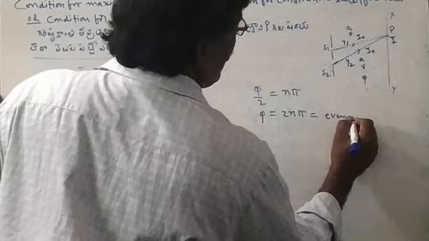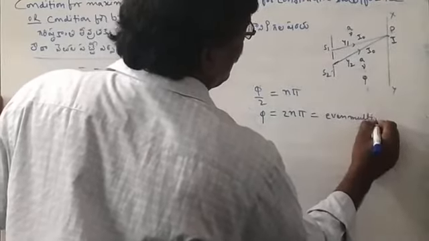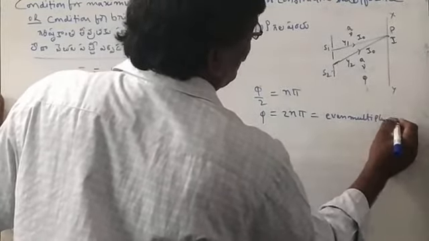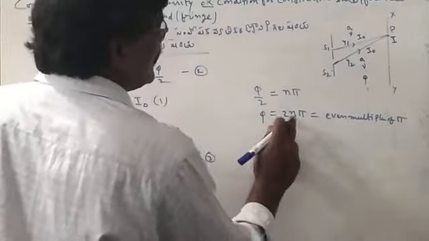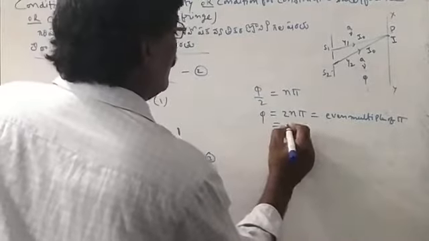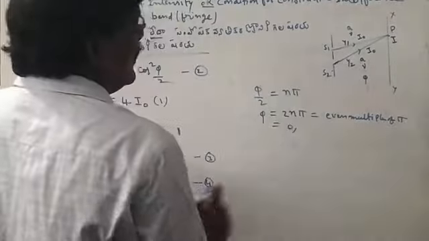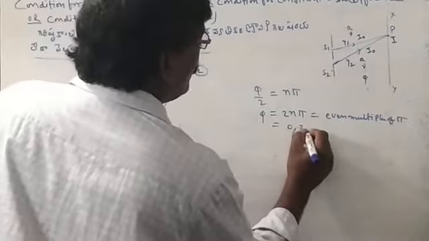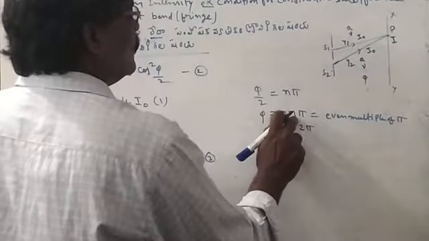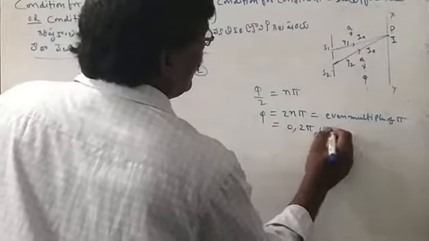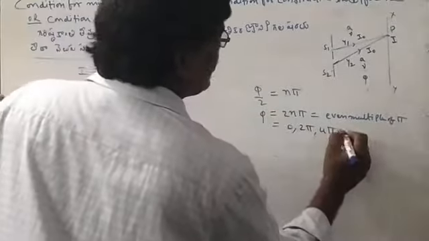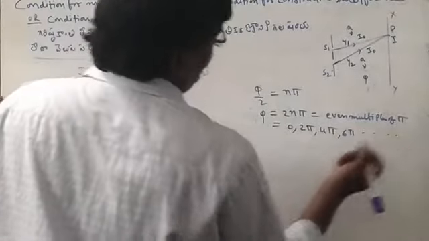Suppose n is equal to 0, then phi is 0. N is equal to 1, 2 pi. N is equal to 2, 4 pi. N is equal to 3, 6 pi, and so on.